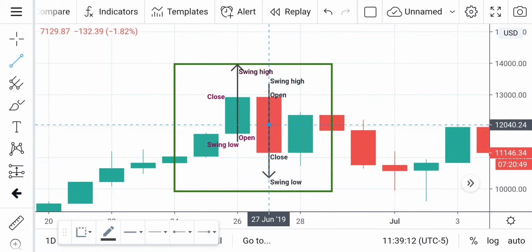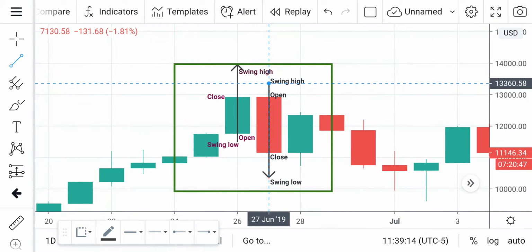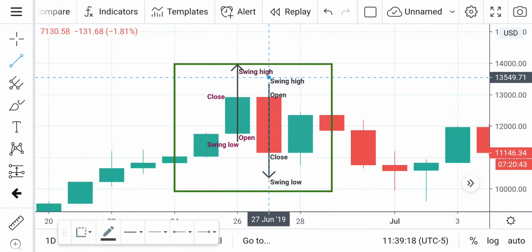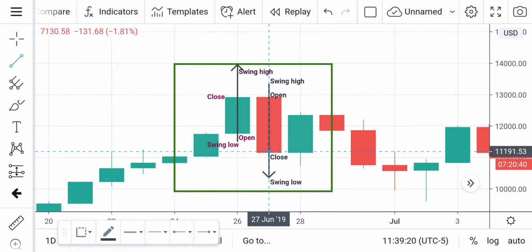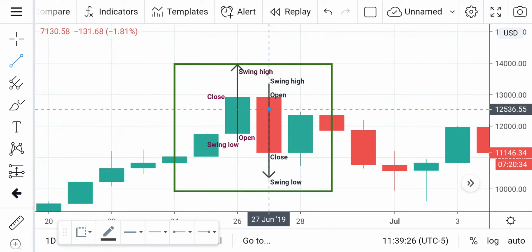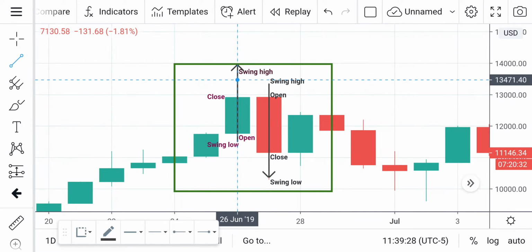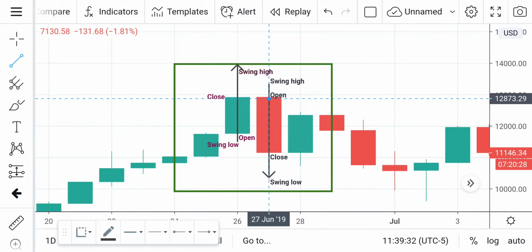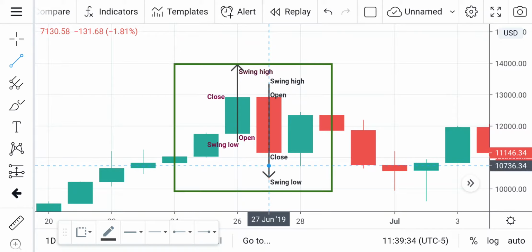So you have your swing high and swing low, and the wick actually shows you a price rejection, the ratio at which buyers or sellers are rejecting higher or lower prices. So another thing to note is the ratio of the wick to the body. If the wick is longer than the body, it means that that is a very strong price rejection.